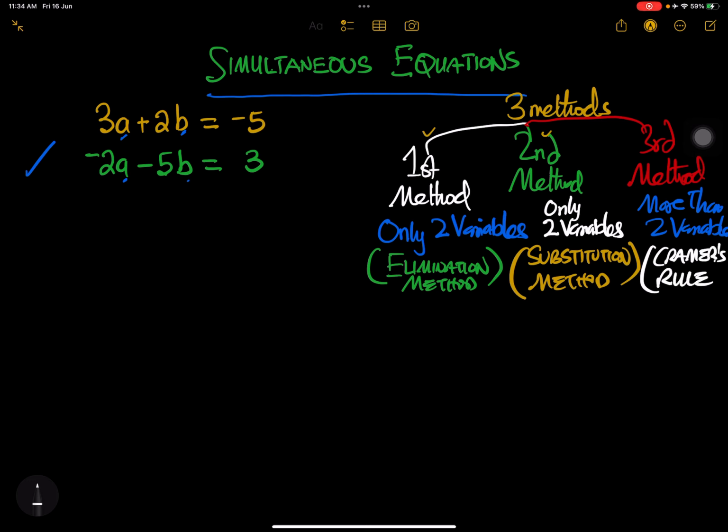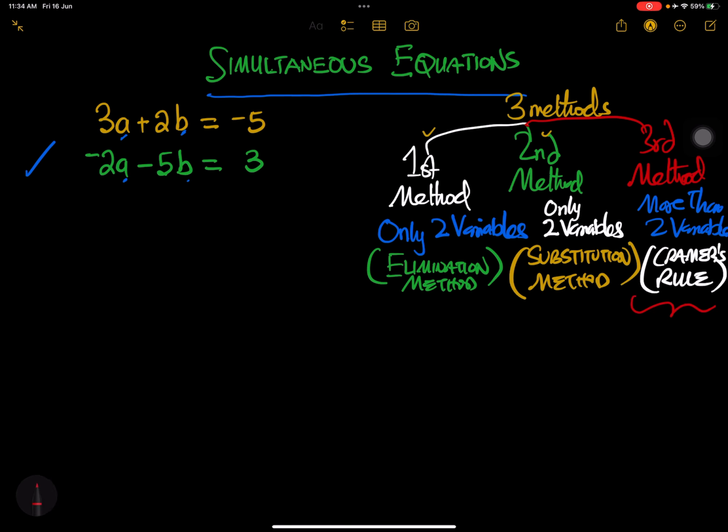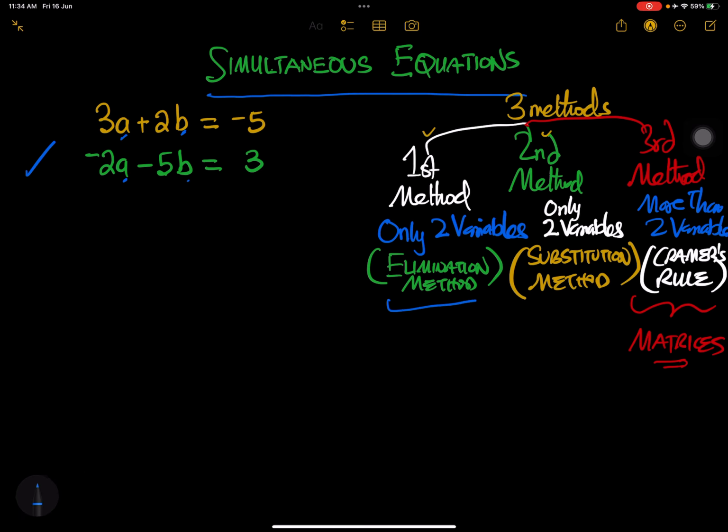With this one, we will only come back to it when we are doing matrices. There's a topic called matrices. Once we've done that, we can go into it. But just for today's discussion, we are going to be looking at only these two methods, where we have only two variables.